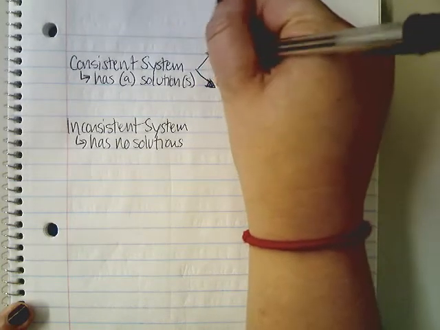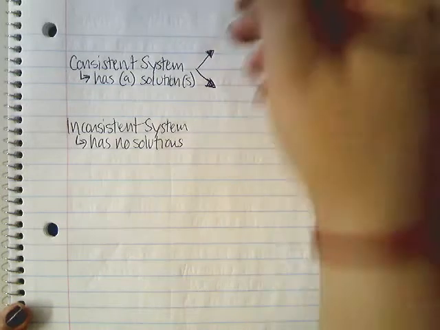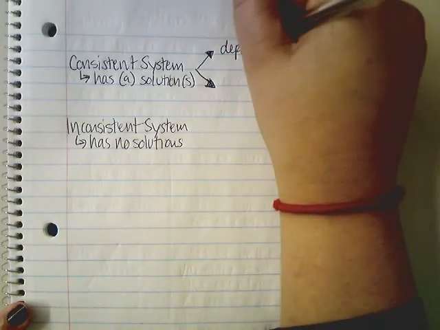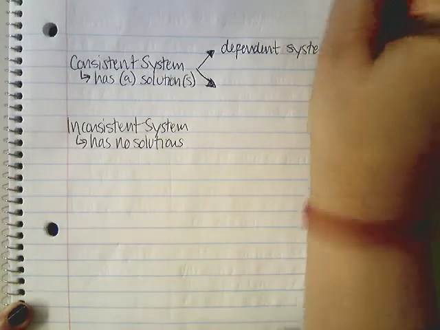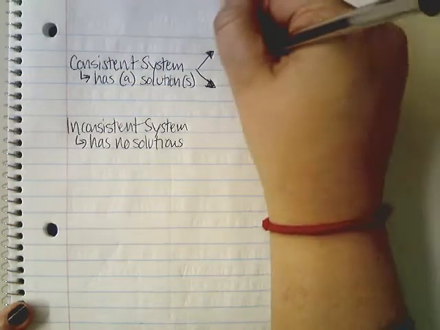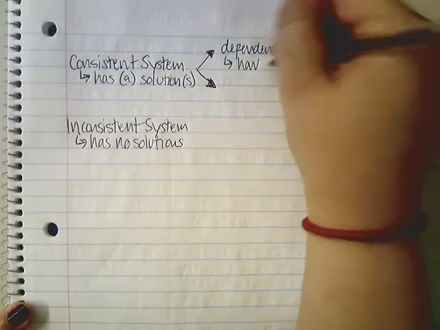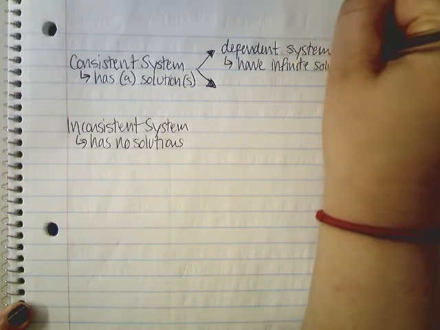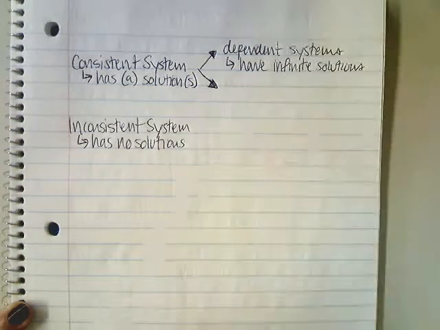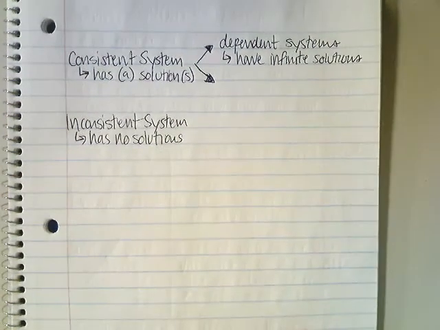So when we're looking at consistent systems, or systems that have solutions, they can be dependent systems. And these are systems that have infinite solutions. Or ultimately they are the same line.